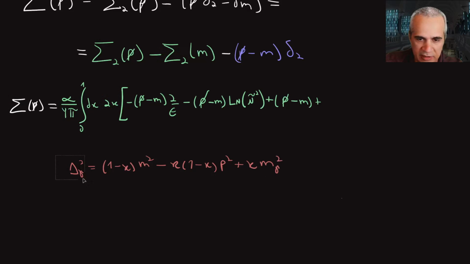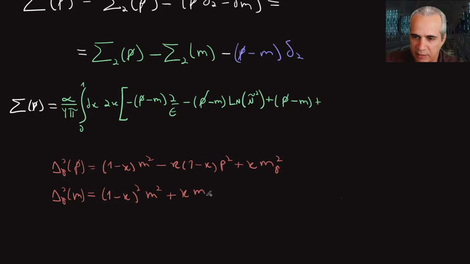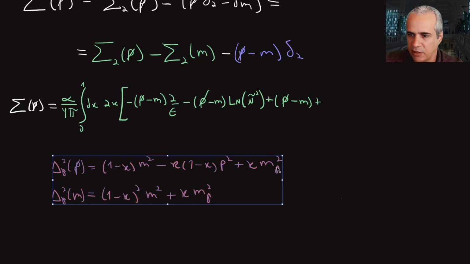I'll be calling this guy gamma square of p slash, but then there's another guy, which is this one, right? Which is just substituting this for m and simplifying a bit, is 1 minus x square m square plus x m gamma square, because I can group these two. Once I put an m square here, I can group those, right? So keep that in mind. I'll use these two definitions here.